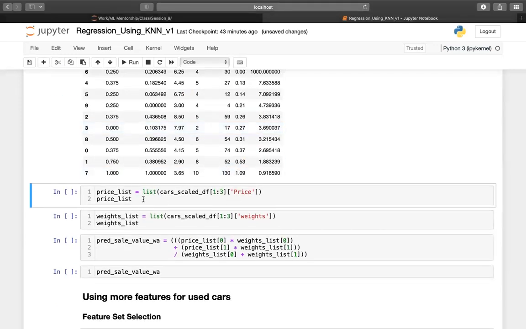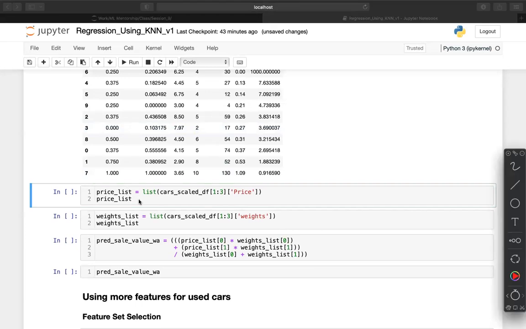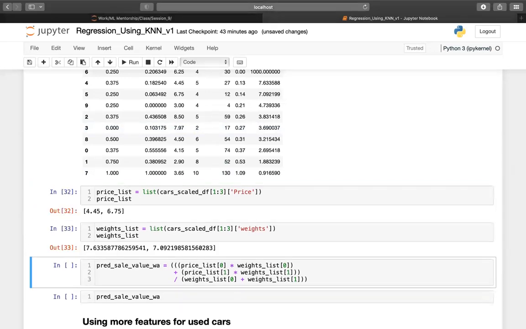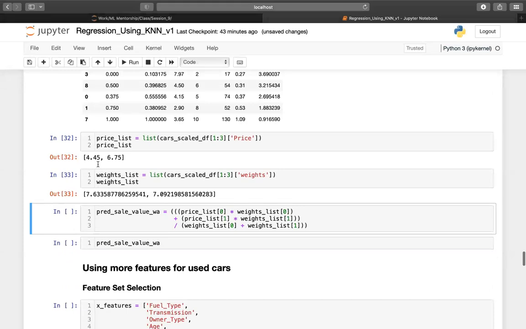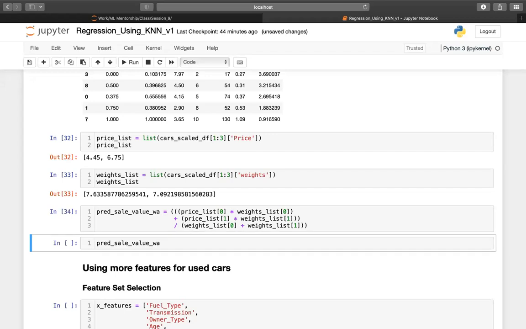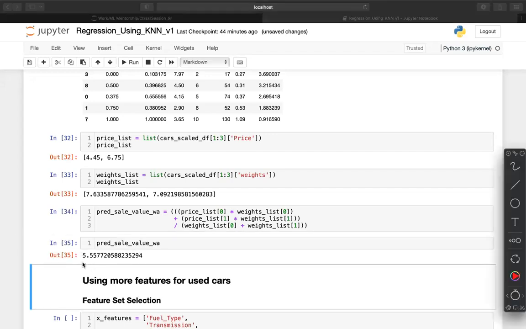And if you want to calculate the price of the car now, we'll take the price and weights. So this is the price of the first neighbor and second neighbor, and weights of the first neighbor and second neighbor. So just price multiplied by weight plus price multiplied by weight for both the neighbors, divided by the weight of both the neighbors. That will be the predicted price of the car. So it comes out to 5.557 lakhs.